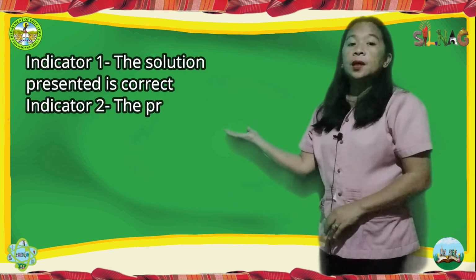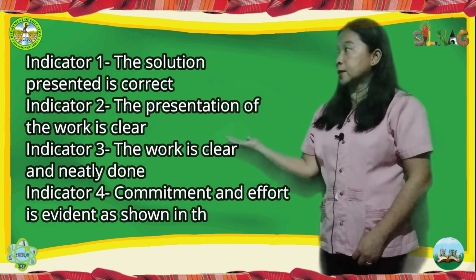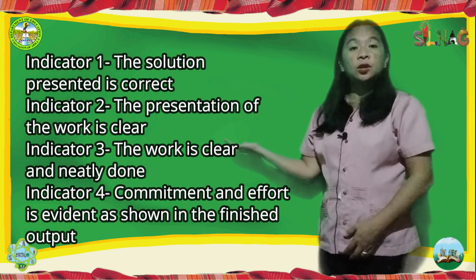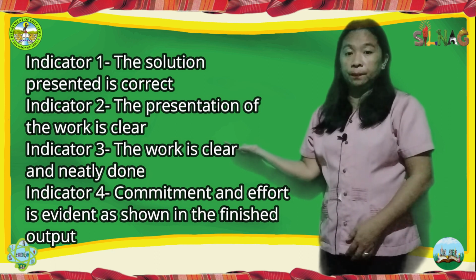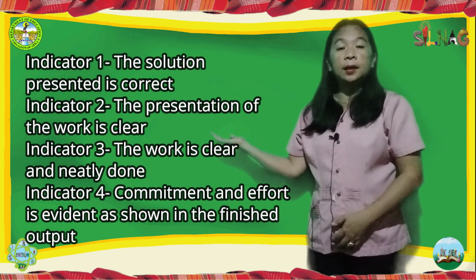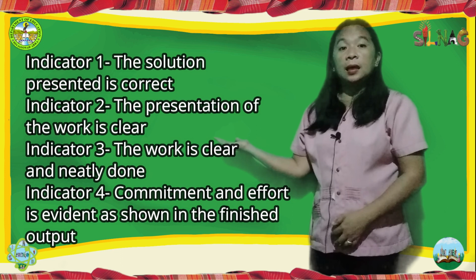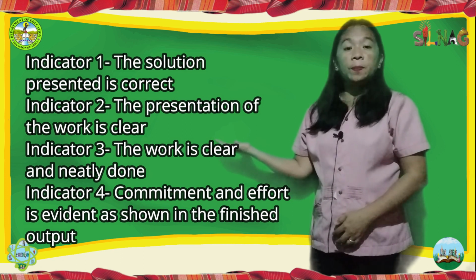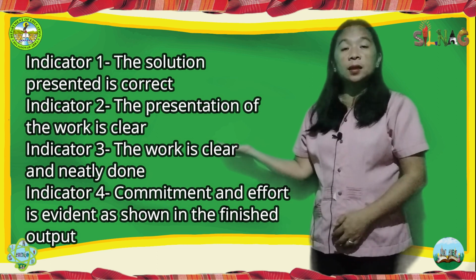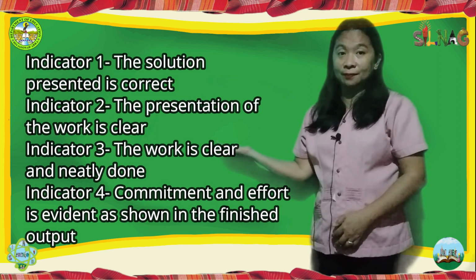Indicator 1, the solution presented is correct. Indicator 2, the presentation of the work is clear. Indicator 3, the work is clear and neatly done. Indicator 4, commitment and effort is evident as shown in the finished output.